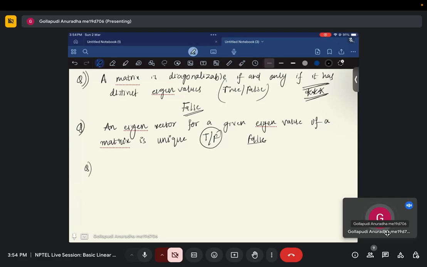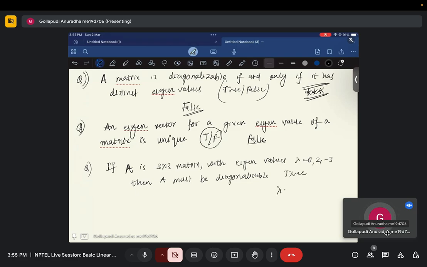Okay. So next question, if A is a 3 by 3 matrix with eigenvalues lambda equal to 0, 2 and -3, then A must be diagonalizable. I think this is easy for you. Yes, true.